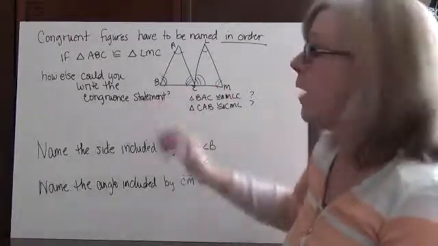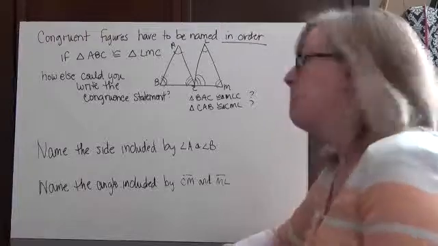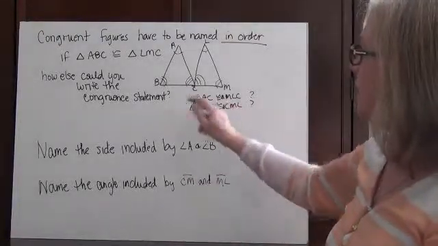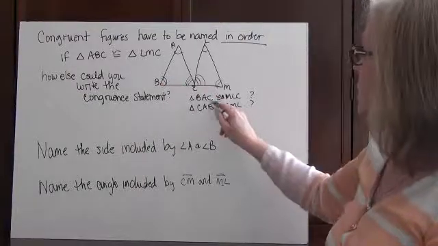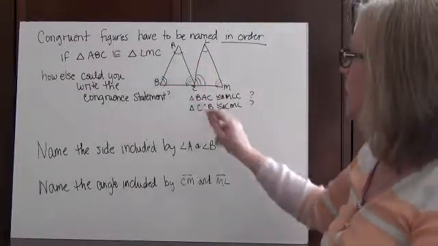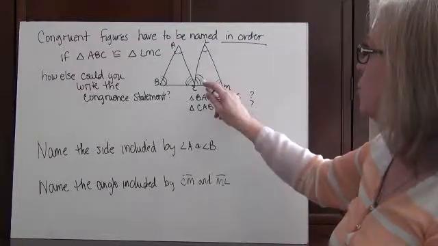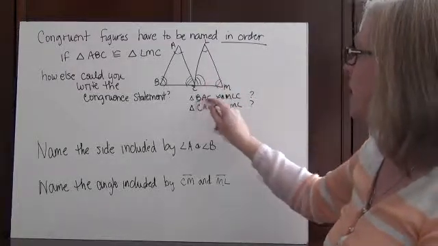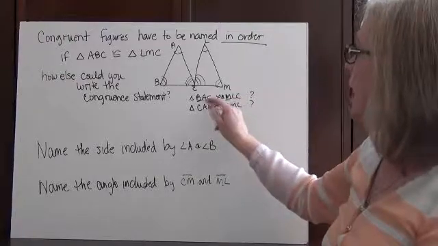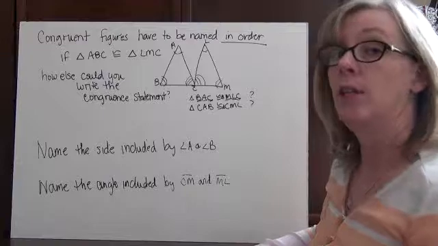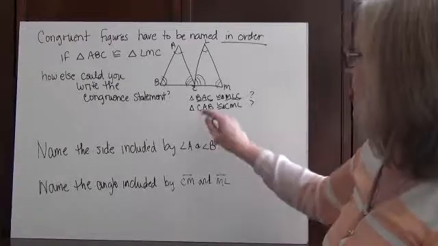So I could write this congruent statement another way, but there's also wrong ways I could do it. So I could say BAC, that would be doubles, single, triple. BAC is congruent to M, that's double, L, single, triple. I can say that because B goes with M, A goes with L, and C goes with C. But look at what I couldn't say.